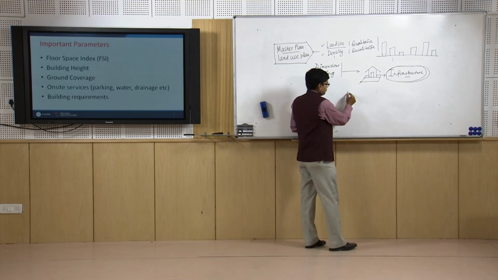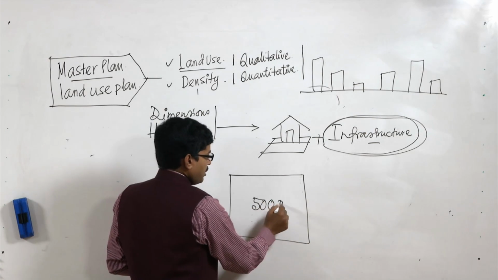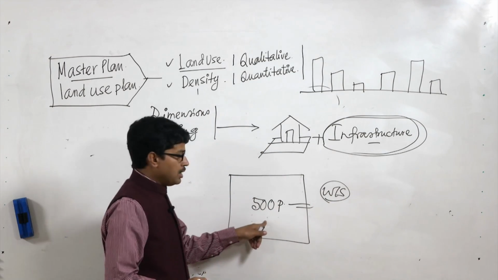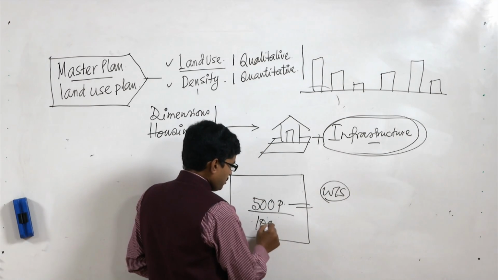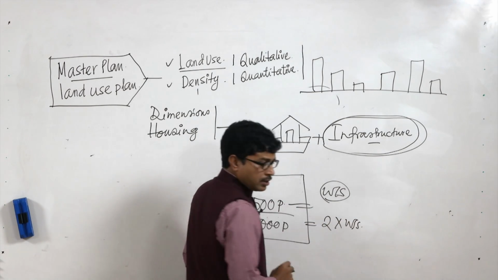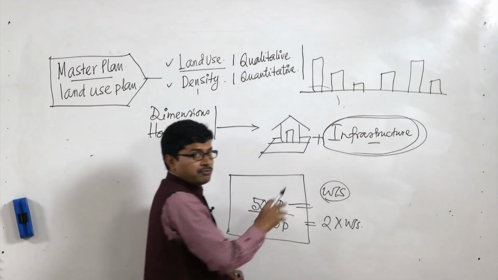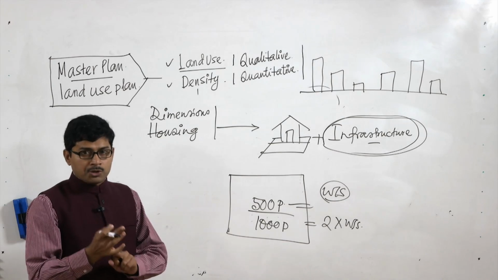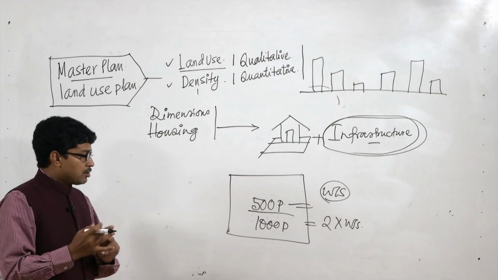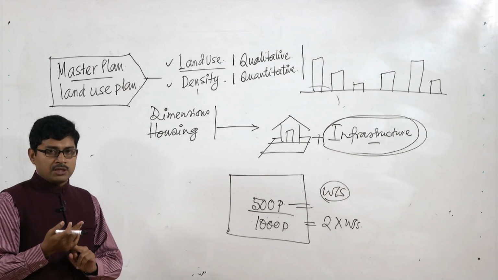For a given plot, if there are 500 persons, there is a water supply requirement for the 500 persons, and if it is 1,000 persons, the water supply requirement will be double. So definitely the infrastructure requirement in terms of quantity for water supply, road, the cost of road is huge for developing a housing project or any project. Water supply, the road, electricity, solid waste management, the sanitation, everything.